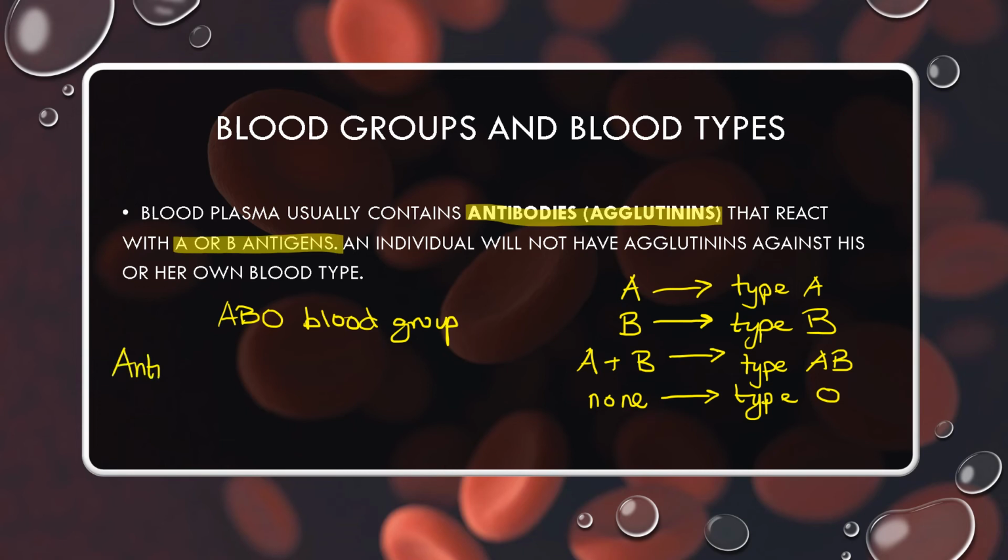So anti-A antibodies, remember these are in the plasma, will react with the antigen A on red blood cells.